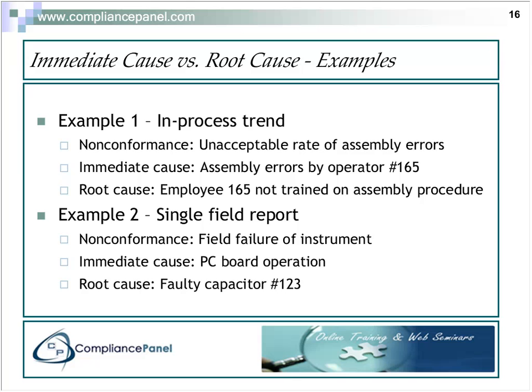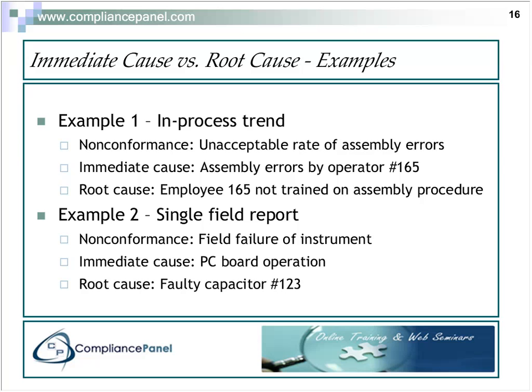Well, that's great. That's not a conclusion, though. That's not a final conclusion specifically. That immediate cause needs to be further investigated to determine a root cause. And as part of the root cause investigation, in this hypothetical situation, it could end up being that employee number 165 was not trained on the assembly procedure that he or she was doing.